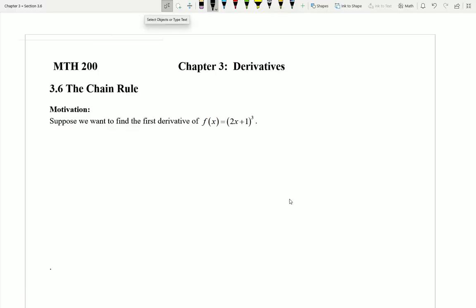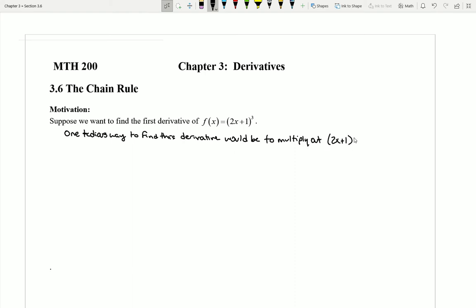Now, to understand a little bit about how I could start to think about this derivative, I should notice that it is actually possible for me to get to a derivative of a function like this if I first take a more tedious route. So I'll even start to state that here. One tedious way to find this derivative would be to multiply out 2x plus 1 to the third power.